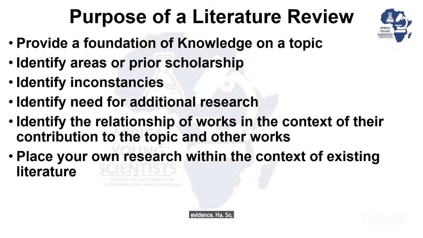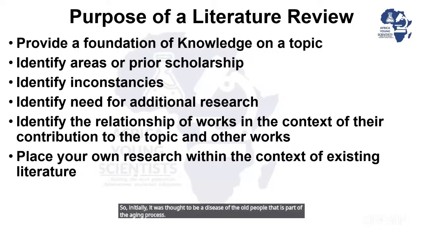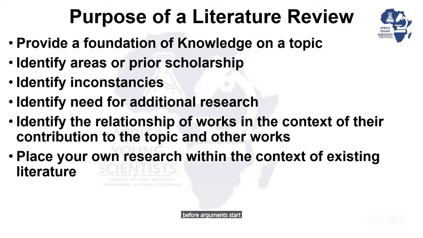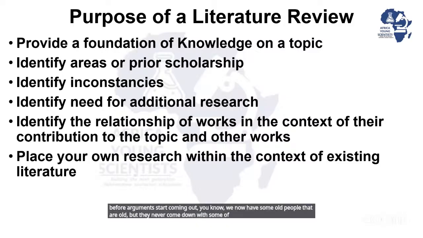Another typical one is neurodegenerative disease. Initially, neurodegenerative diseases like Alzheimer's and Parkinson's were thought to be diseases of the old people, part of the aging process. Before arguments started coming out, we now have some people that are old, but they never come down with some of these diseases.